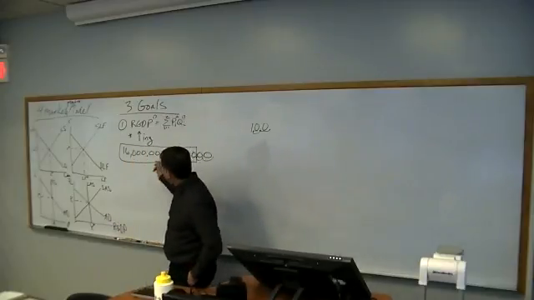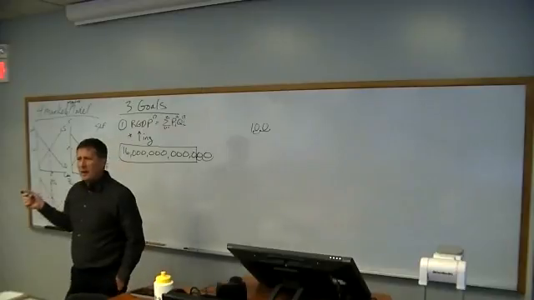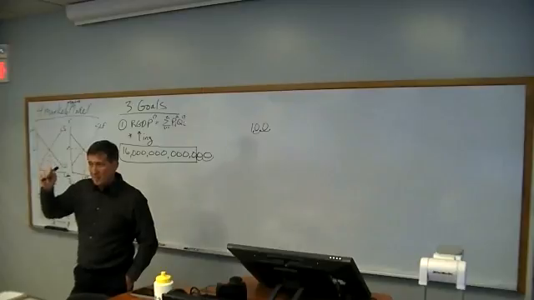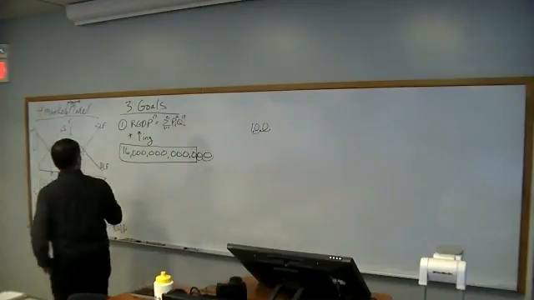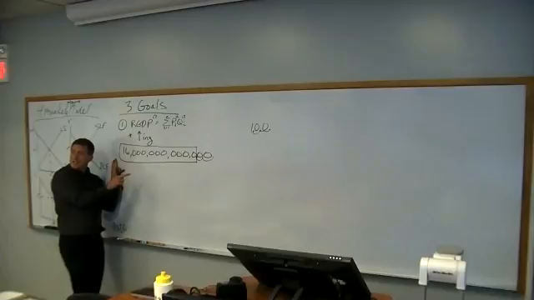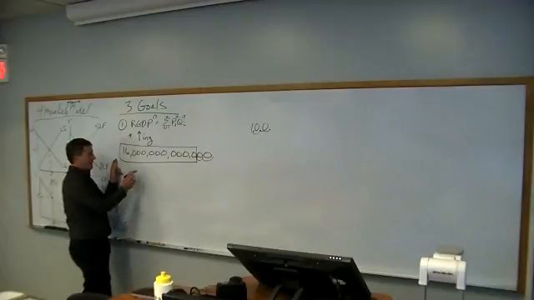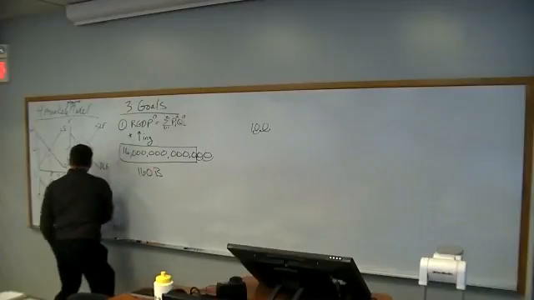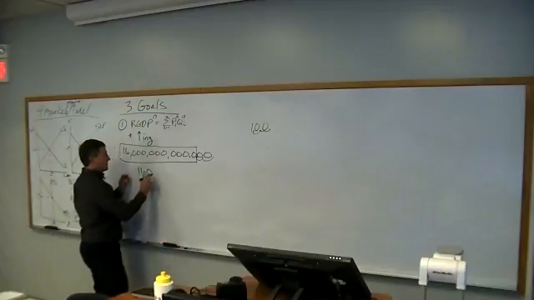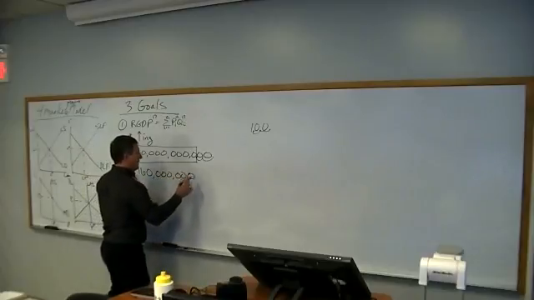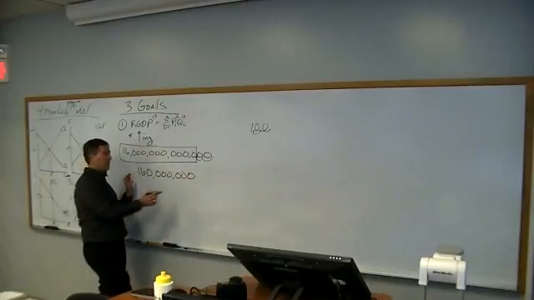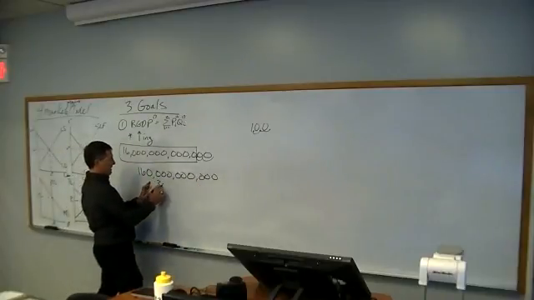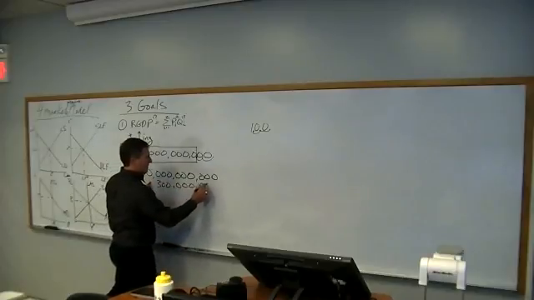If we take 160 billion, how many people do we have in this population again? Roughly 300 million. So if we have 160 billion, this is kind of easier if I write it all out. 160 billion divided by 300 million, right?